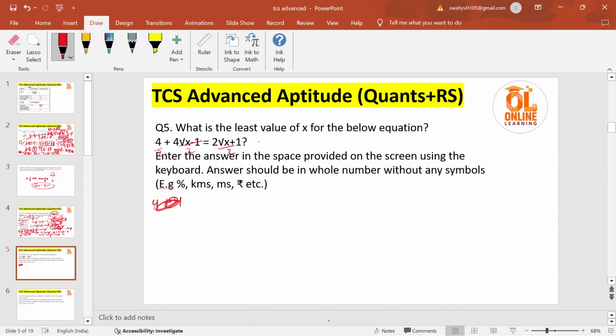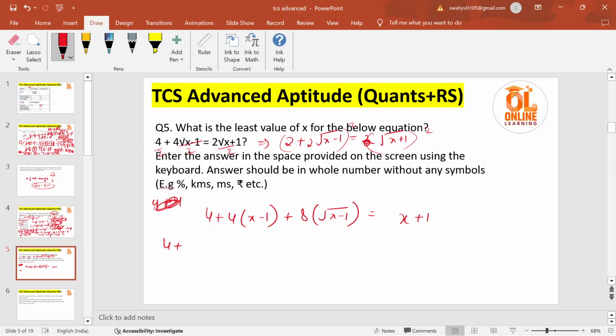So my equation will become 2 plus 2 root x minus 1 equals root x plus 1. Now I will square both the sides. So what will come: 4 plus 4x minus 4 plus 8 root x minus 1, and on the right, x plus 1, because the square and under root cancel, so this will become x plus 1.